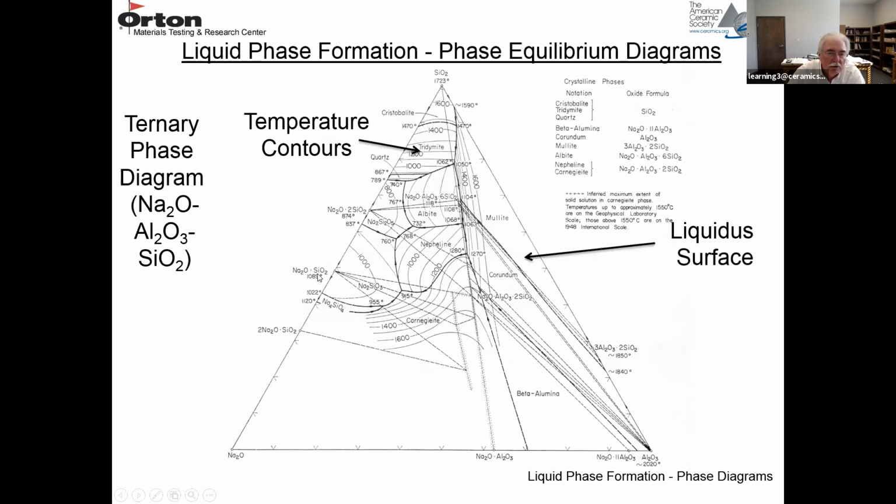This goes from 0 to 100% SiO2, and this would go from 0 to 100% Al2O3, and this would go from 0 to 100% Na2O. So you can pick a point, determine what the composition is, and then you can see from the temperature profile what the liquidus surface is, where it becomes a total liquid.